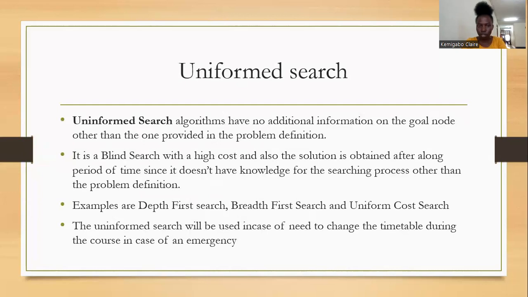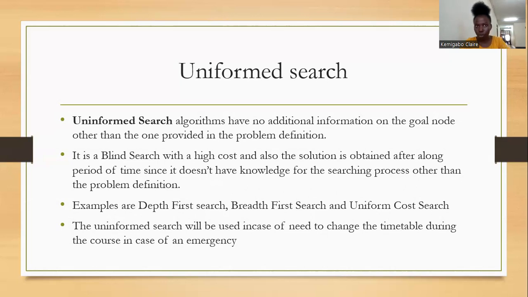The uninformed search algorithm has no additional information on the goal node other than the one provided in the problem definition. So in uninformed search, the system knows nothing, but it knows a start node where you provide information about the problem.